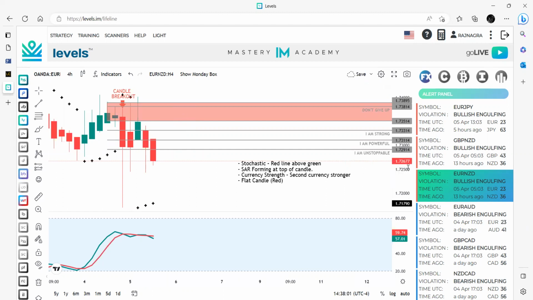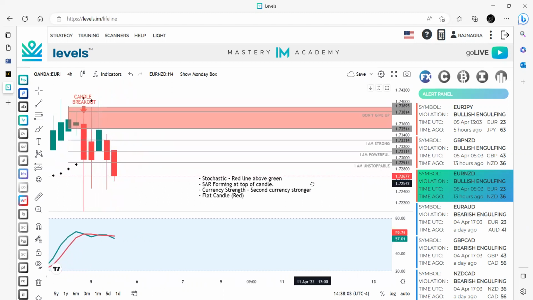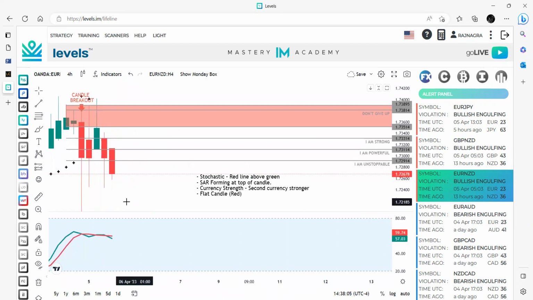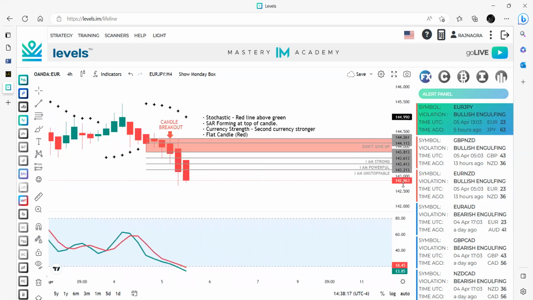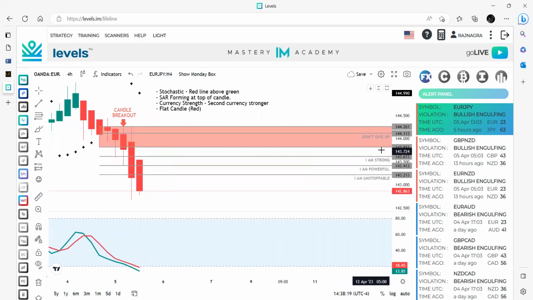Another commonly asked question with this Levels strategy is what time frame do we look at when we are taking a trade? If we take a look at this particular trade, let's look at Euro JPY, for example. The entry price was 143.813.